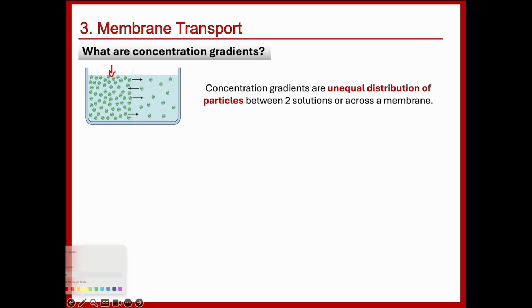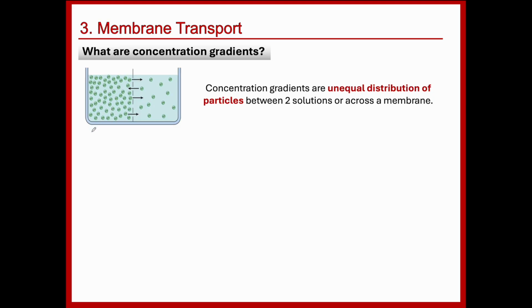So, in other words, concentration gradients mean that there's a difference across a certain membrane. There's an unequal distribution of particles between the two solutions. So, for example, here we have a high concentration gradient, and I could write it like this.